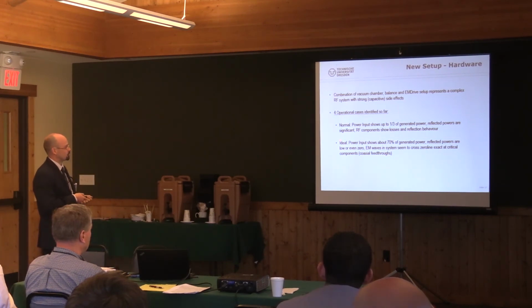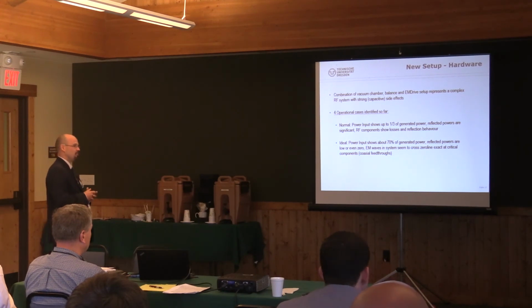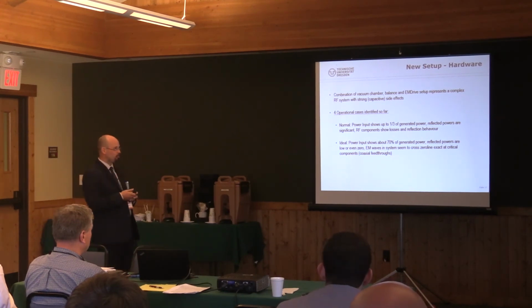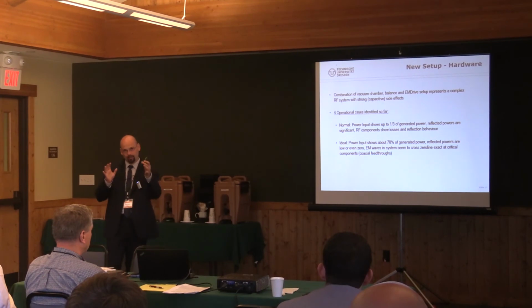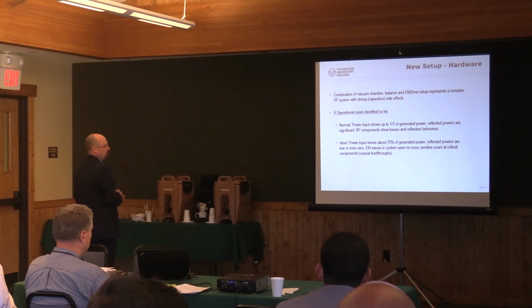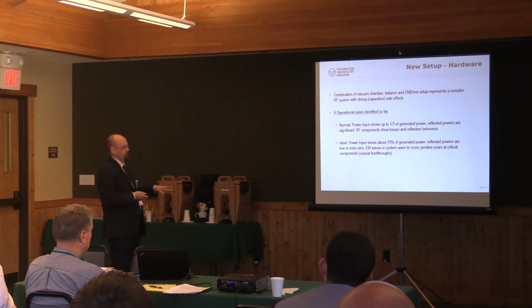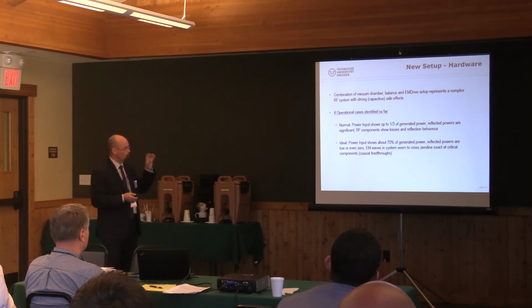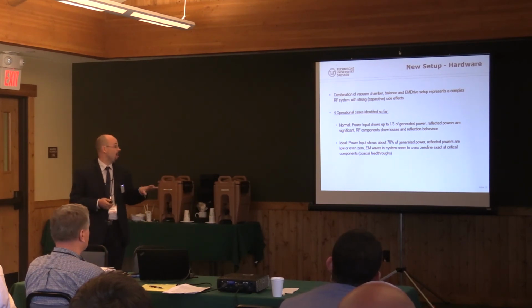The next case, which is more ideal, was achieved by just turning our experimental box 180 degrees. It was found by coincidence that we could input up to 70% of our generated power, and we also saw a very low level of reflected power.